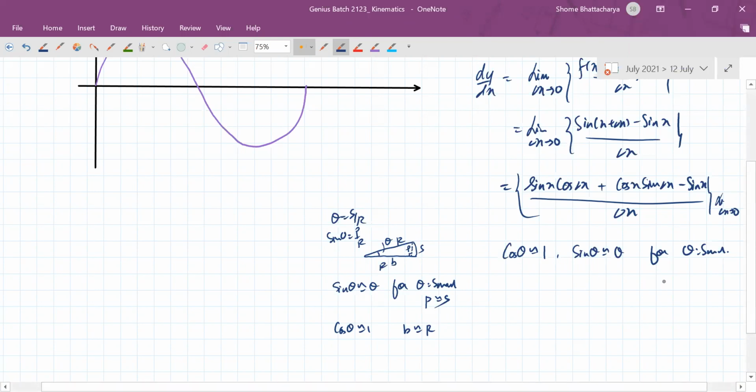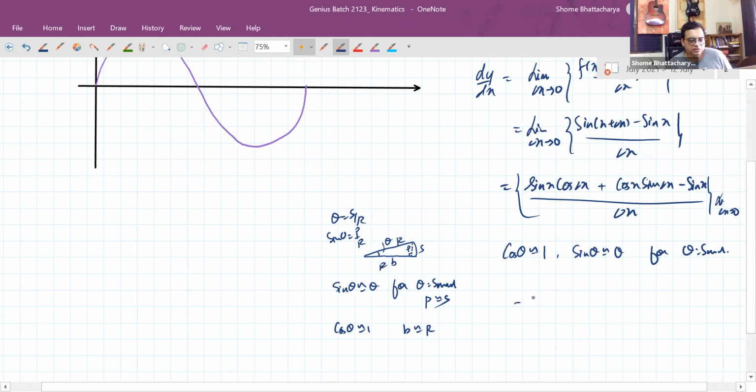So when you put that in the above expression, removing the limit by putting the condition that delta x is very small, cos of delta x is tending to 1, and sine of delta x is tending to delta x only.